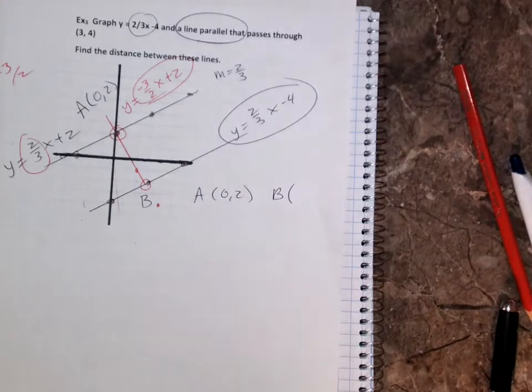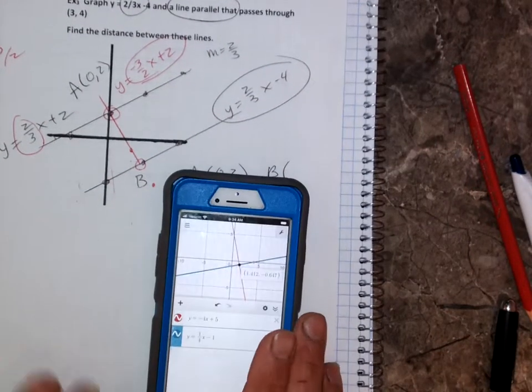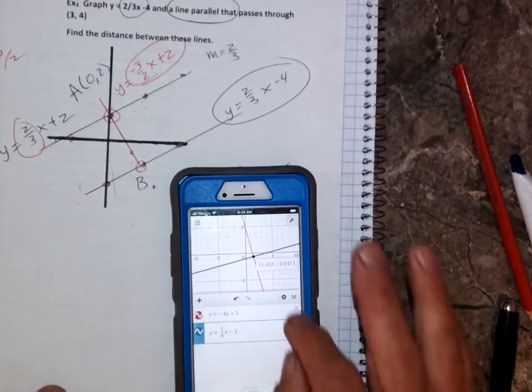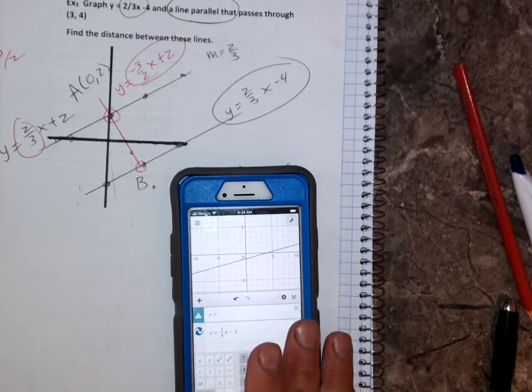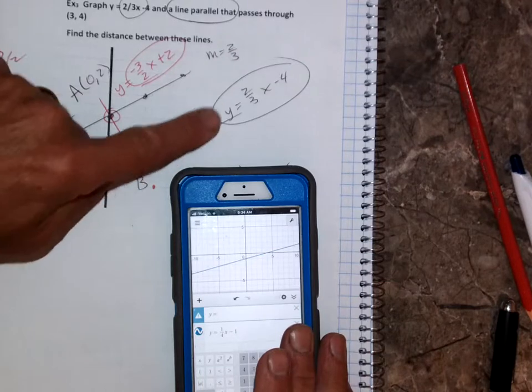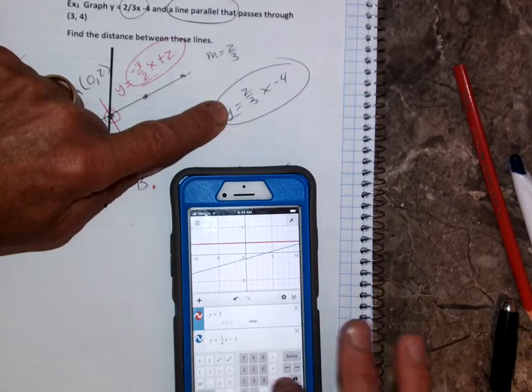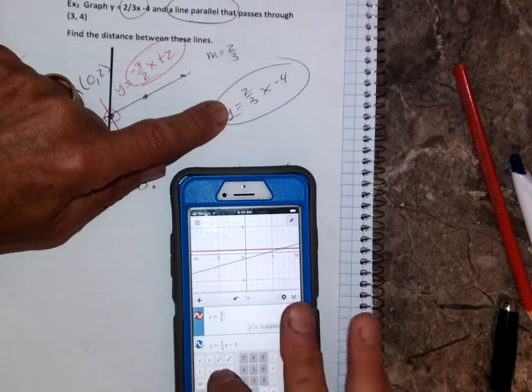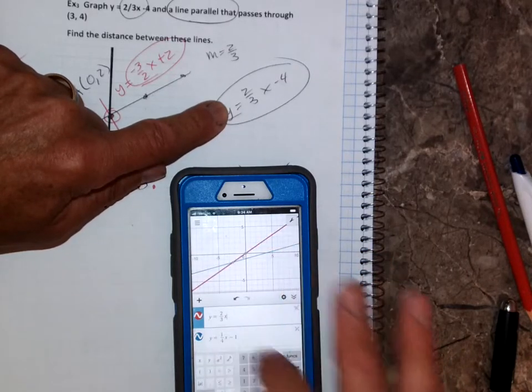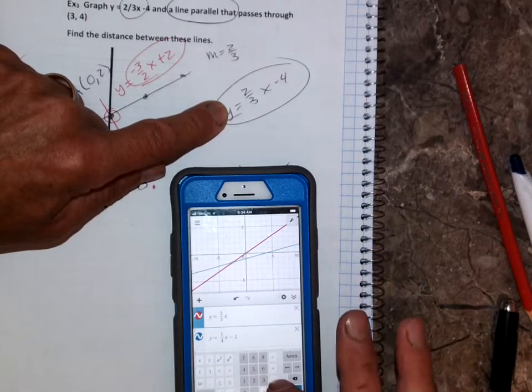So I go back to Desmos. Okay, let's get rid of the equation. Y equals 2 divided by 3, move it over, x, you need to put the x there, not on the bottom. Subtract 4.